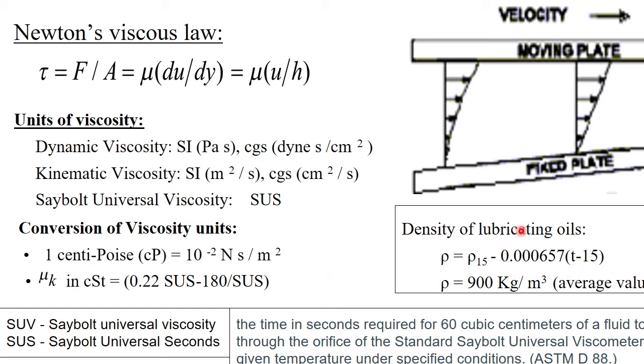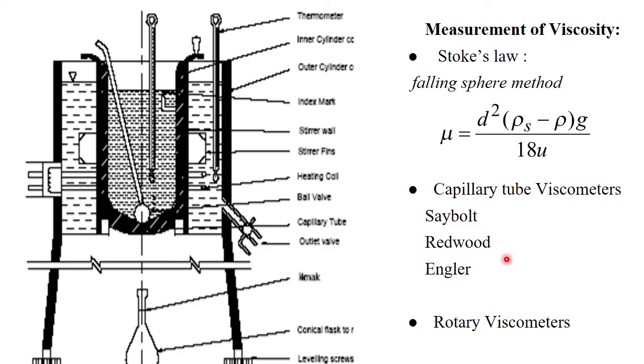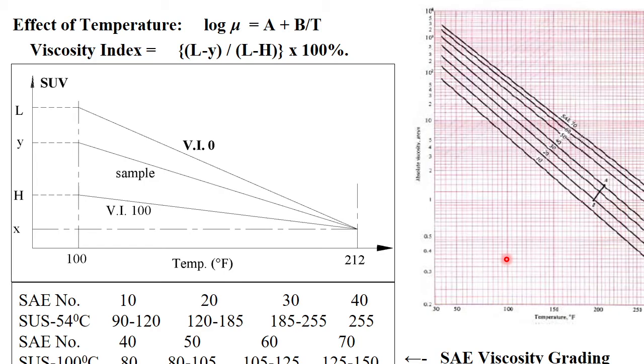Again, the kinematic viscosity and the dynamic viscosity are related with the density of the lubricating oil. In general, this is an average value, but for any lubricant, you can find out the density of the lubricant. The temperature dependence of the lubricant oil density is given by this equation. This is the density at 15 degree centigrade, and for any other temperature, this is the density of the lubricant oil. Some thumb rule we use to obtain the density. Okay, this we discussed, and then the other part is the temperature dependence of the viscosity value.